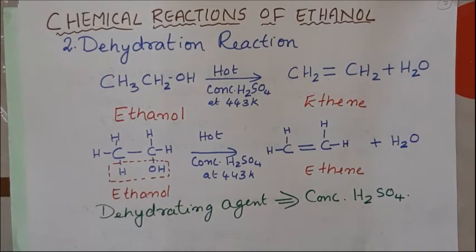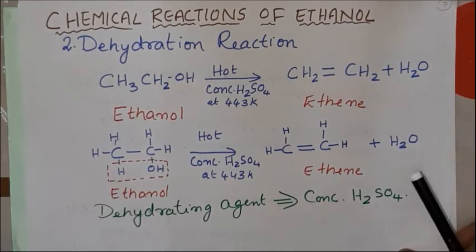Observe here, the substance that helps to remove water in this reaction is nothing but concentrated sulfuric acid. Hence, it is acting as a dehydrating agent. So, a reaction in which an alcohol is heated at 443 Kelvin with concentrated sulfuric acid to form an unsaturated hydrocarbon by the elimination of water is what we call dehydration reaction.